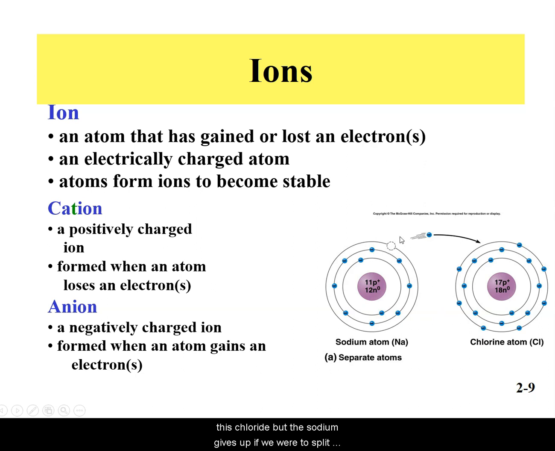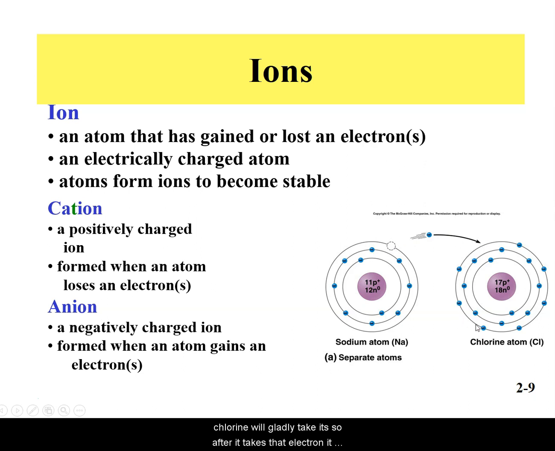If we were to split that molecule of sodium chloride, this would be stable because it gave up its electron, and then the chlorine would become chloride, and it's become stable because it gained the electron. So the sodium will tend to give up the electron, and chlorine will gladly take it.